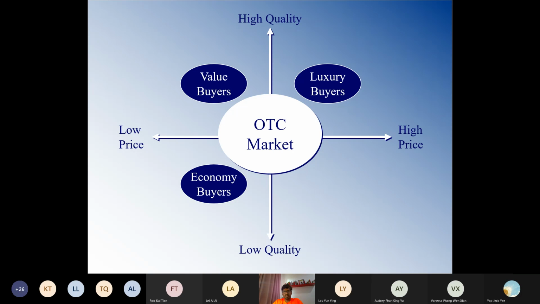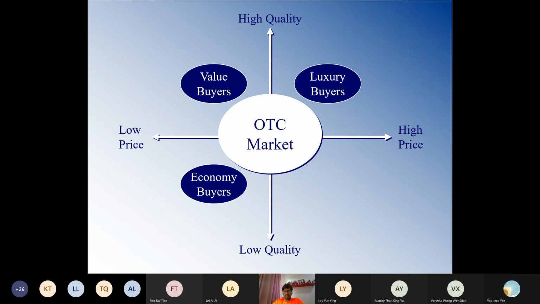One is the value buyer. Value buyers fall between lower price and high quality. It means that quality is important for them, and at the same time price is also important. But when it comes to quality or price, the value buyers will always go towards high quality and give less importance to the price.